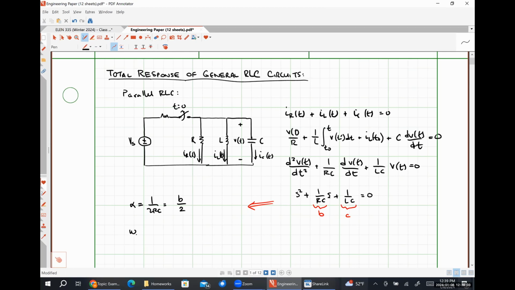And omega naught was the square root of 1 over LC, which is just the square root of that coefficient I've called C. Those are the results of our derivation, and then we got into our response equations and this, that, and the other.